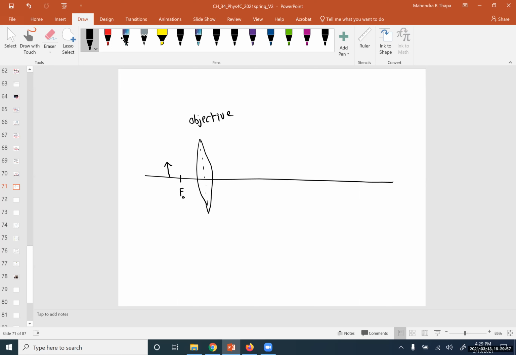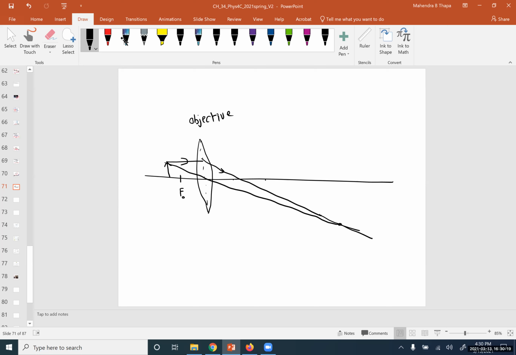We can draw a picture like this. So it will form an image. One ray parallel to the principal axis passes through the focus. The other ray through the optical center goes straight. So the image will be formed somewhere here.